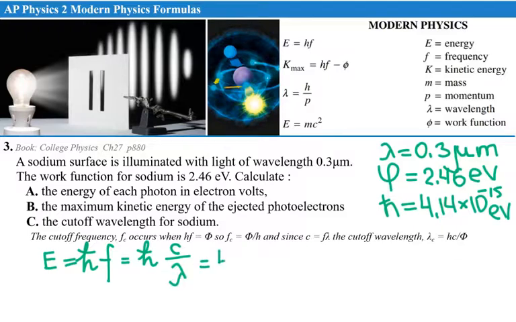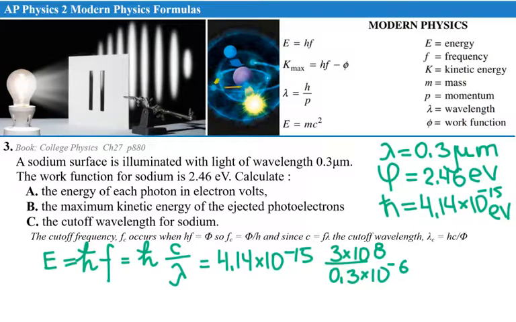So that is 4.14 times 10 to the negative 15, times 3 times 10 to the 8, and the wavelength is 0.3 micro, 10 to the negative 6. And what I get is 4.14 electron volts.